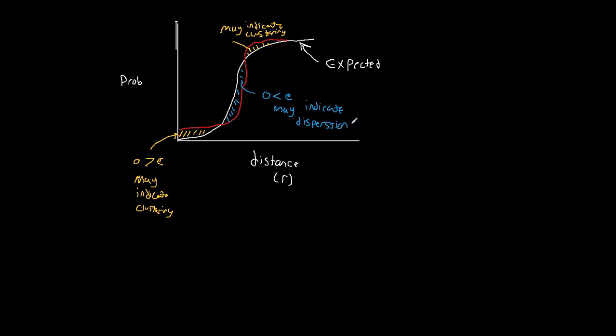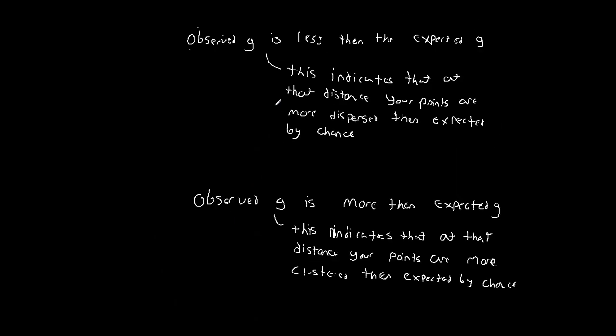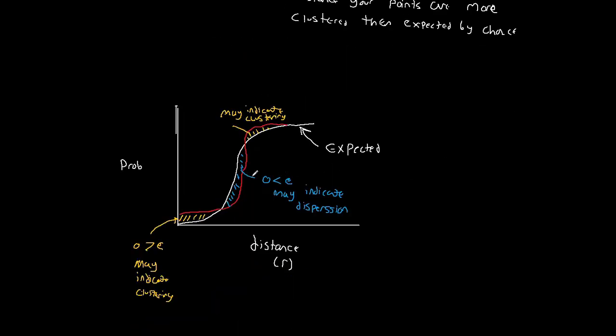Okay. So again, we can talk about an individual value being less or more, and we can talk about it graphically. We can see that there may be large swaths where the data is clustered or dispersed.